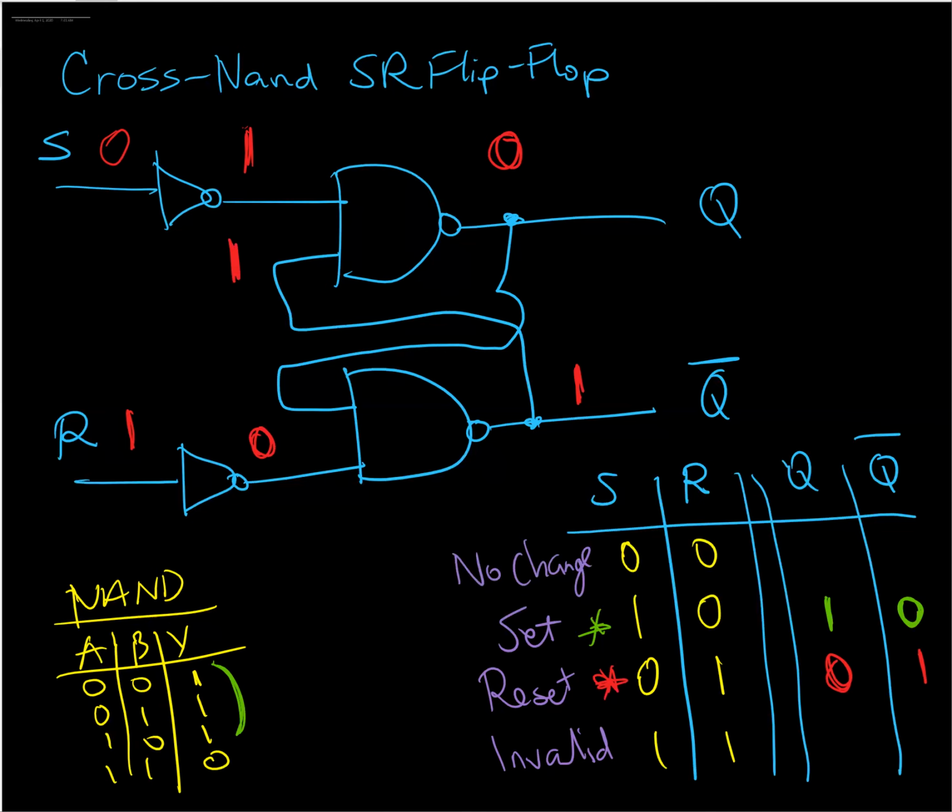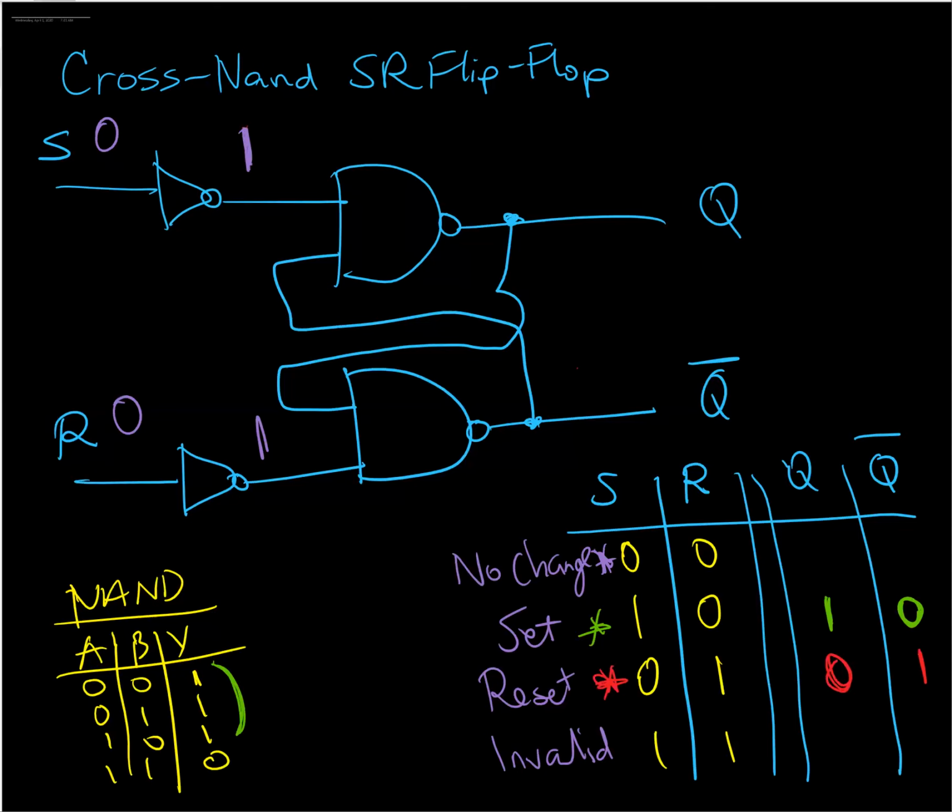Now, for the interesting case where both S and R are equal to 0, we're expecting no change. So that's this first case here. So 0, 0. On the other side of the inverters, that's going to be 1 and 1.